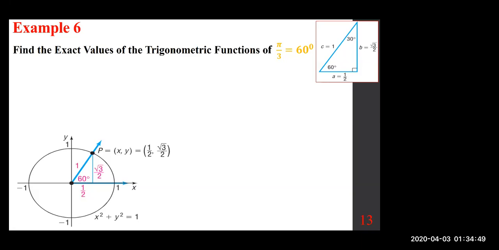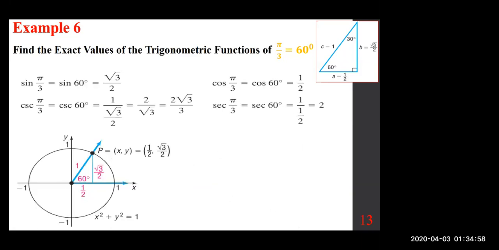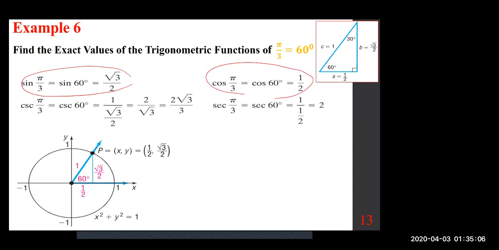And cosine of pi over 3 or 60 degrees is the x coordinate, which is 1/2. As long as we have those, we can figure out the rest. We can figure out the rest, class. That shouldn't be a problem. Does that make sense? Is everybody okay with this?